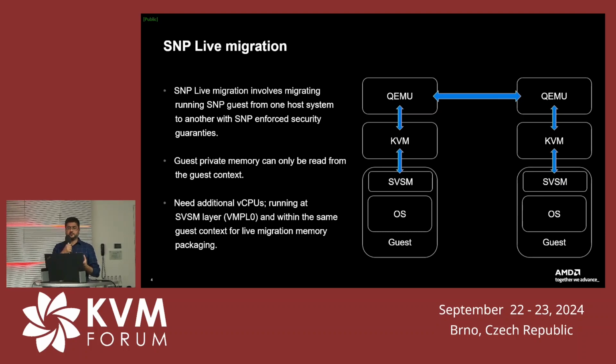So the mechanism we are going to discuss requires additional vCPUs which run in the guest context to do the live migration. These vCPUs will do the memory packaging, which is encryption and hashing together. We'll talk about this.